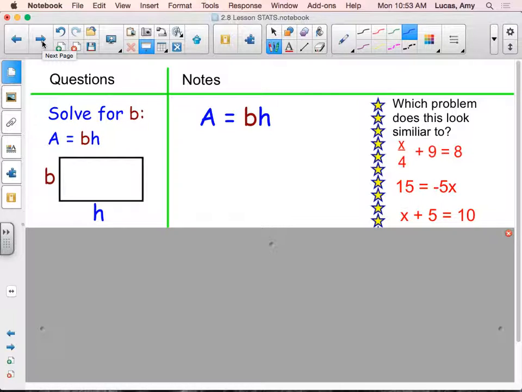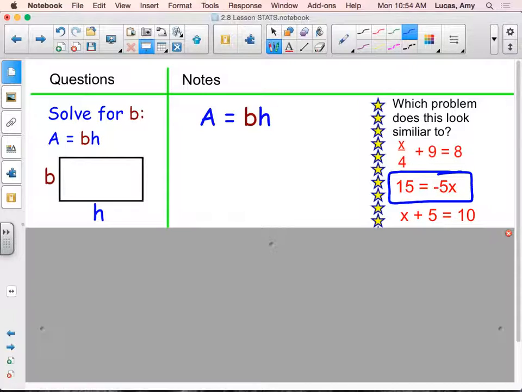So our first equation is A equals BH, and it says solve for B. This formula is for the area. B is base, H is height. It's for the area of a parallelogram or a rectangle. Over on the right, after the stars, it says, which problem does this look similar to? It looks similar to the second one. 15 equals negative 5x.